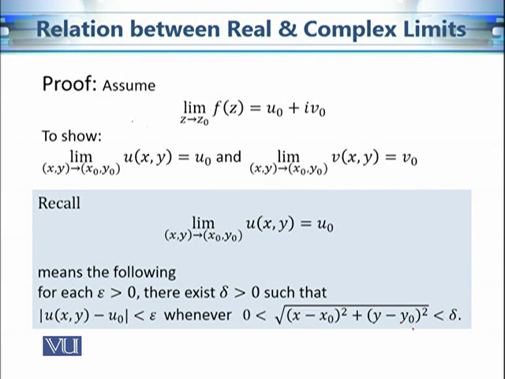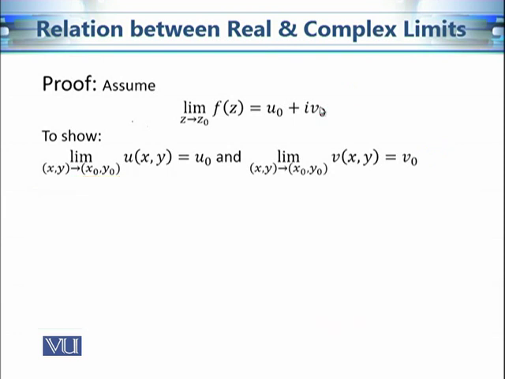So these are our basic definitions. Whenever I am saying that this limit exists, it means that it satisfies the definition which we described earlier. Similarly, if we want to prove this, we should be proving that this limit satisfies this condition. Okay, so let's start with our proof.